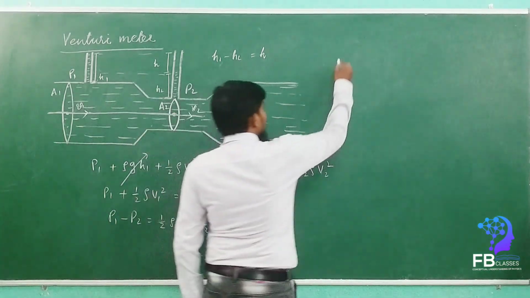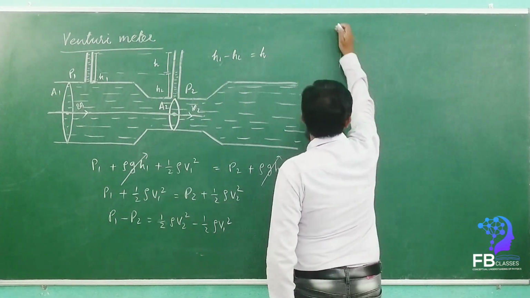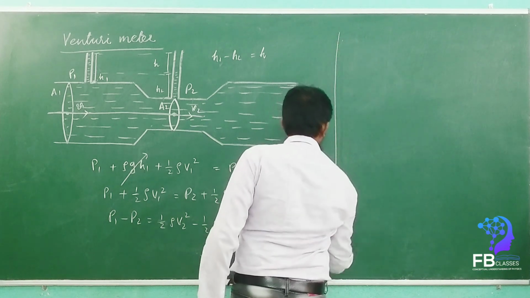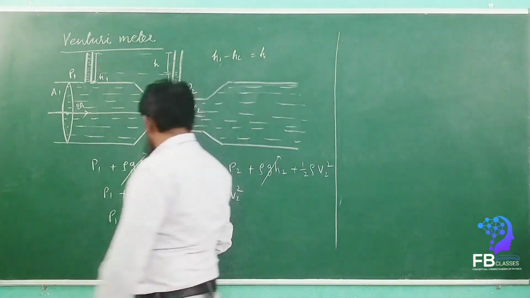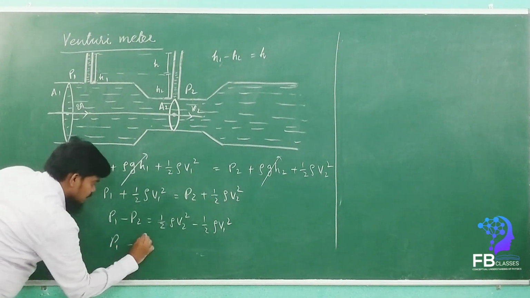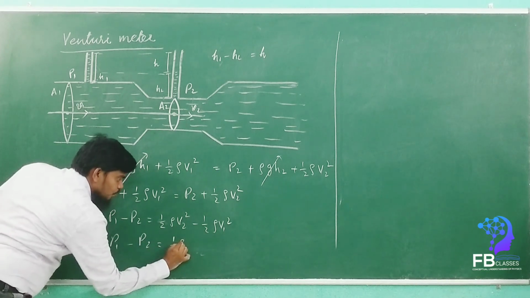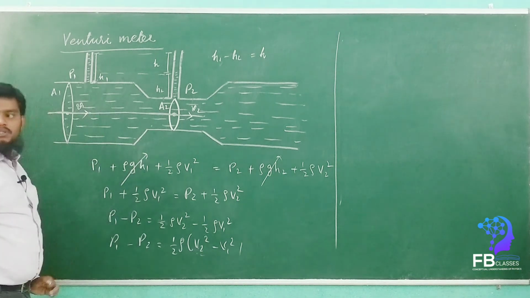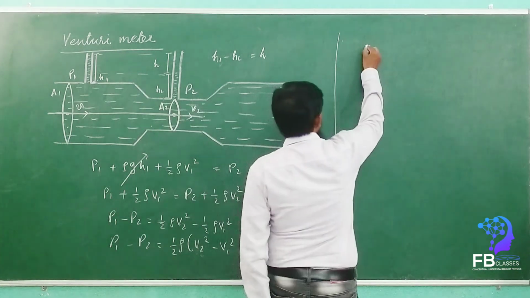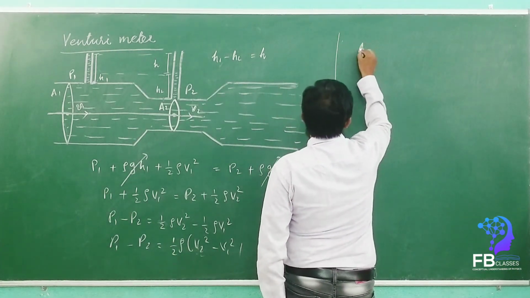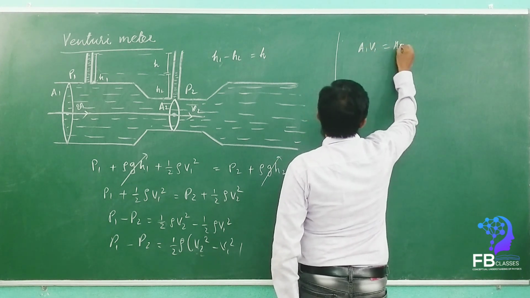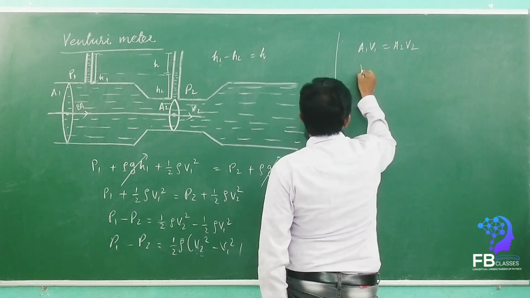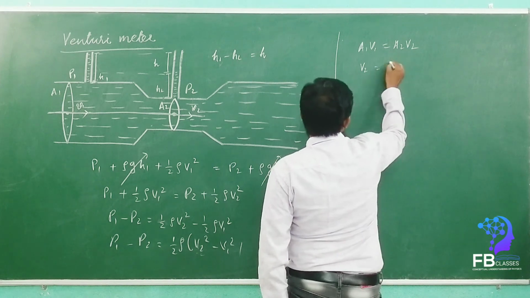So according to the equation of continuity, if you want, you can minimize this. See, P1 minus P2 is equal to half into rho times V2 square minus V1 square. Got it? So according to the equation of continuity, A1 V1 is equal to A2 V2. From here V2 is equal to how much, my dears?